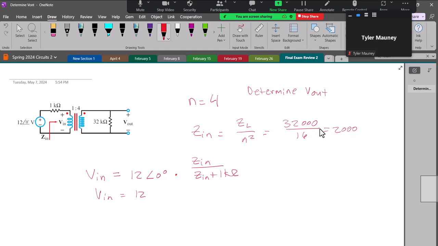Our Vn is 12 angle 0 degrees times 2k over 3k, our Vn is 8 angle 0 degrees.